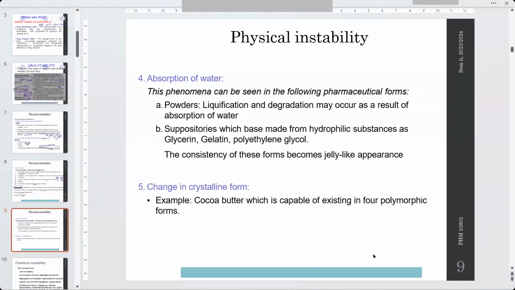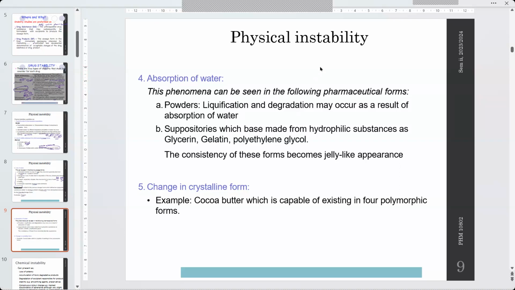Sometimes the reverse can happen: instead of having some water that will be lost to the environment, your dosage form is supposed to be dry and it will absorb water from the environment. For example, powders. They may absorb water and liquefy and may degrade also, as we mentioned previously, that water can catalyze reactions.